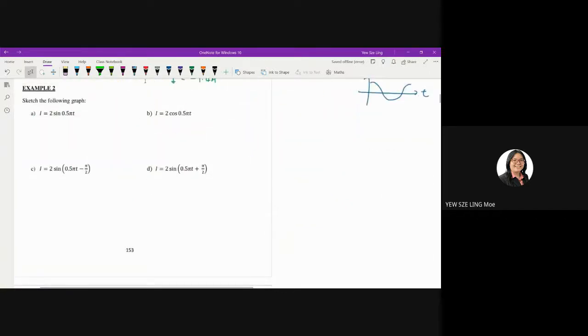So how are we going to sketch the graph? Question A: I equals 2 sine 0.5 pi t. The first thing you should do is compare with the general equation and see what information we can get from it.